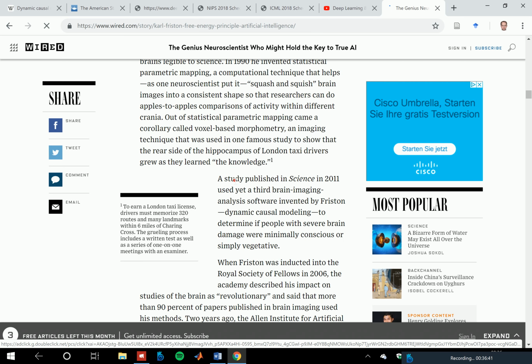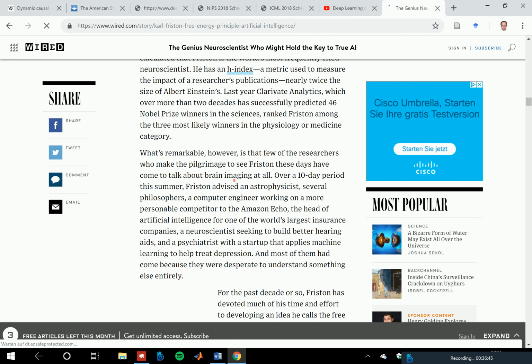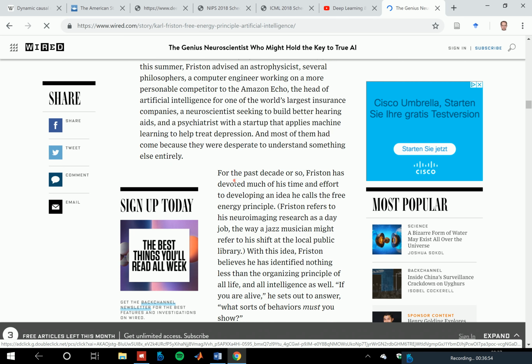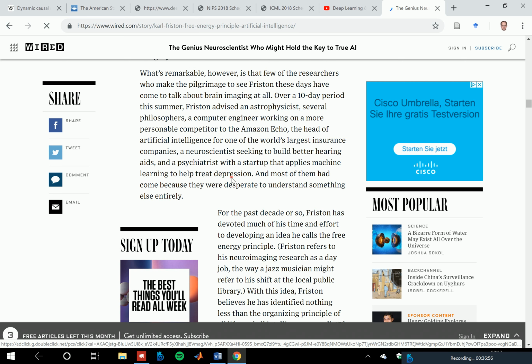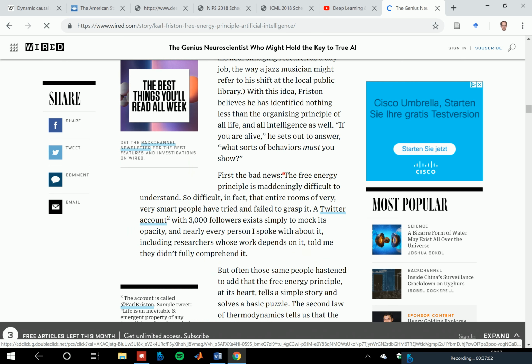The only problem with the whole rhetoric about the free energy principle in cognitive neuroscience is that, first, the free energy principle is maddeningly difficult to understand.